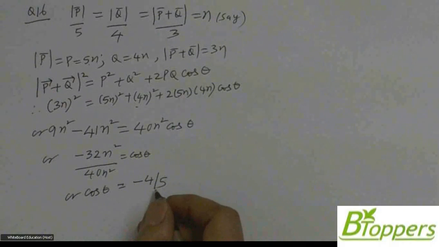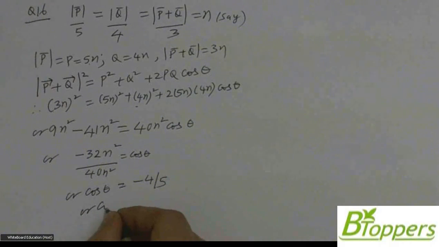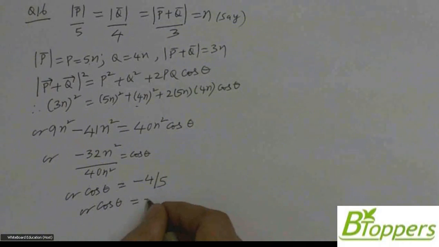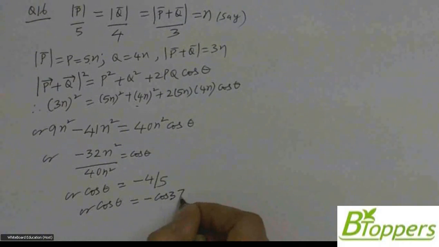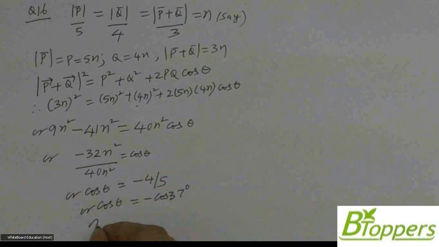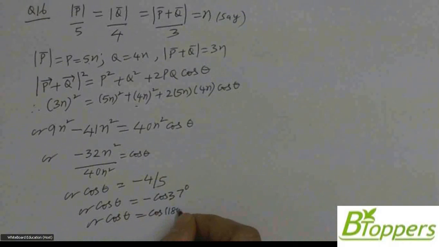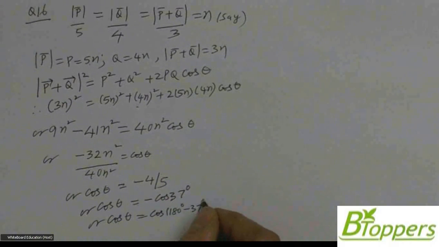We know that the value of cos 37 degrees is 4 by 5. That means cos theta equal to minus cos 37 degrees. As I discussed the trigonometric relation, cos 180 degrees minus theta is equal to minus cos theta. Therefore, you can write minus cos 37 degrees as cos of 180 minus 37 degrees.